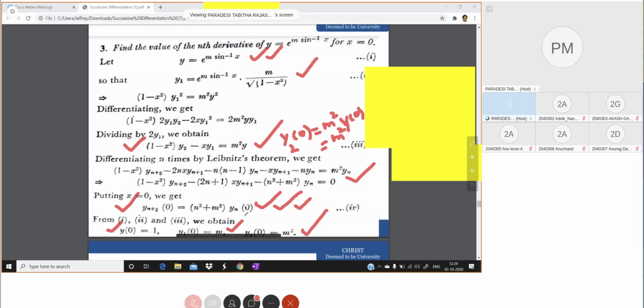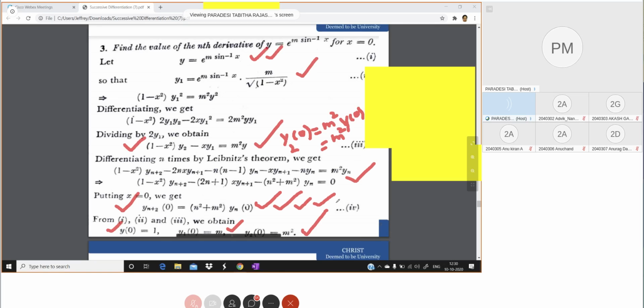And what is that y1 of 0? m, right? Yeah, so if y2 is there, next we want to find y3. This is serving as a recurrence formula. That means I can use this formula again and again. I know y2, I can find y3. I know y3, I can find y4. With y4, I can find y5.